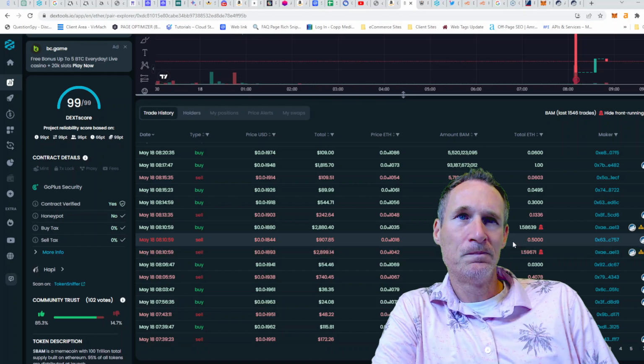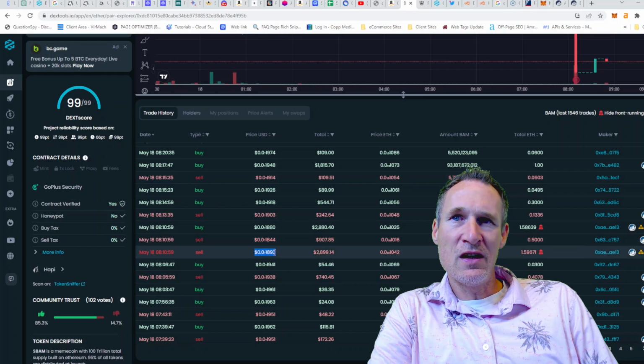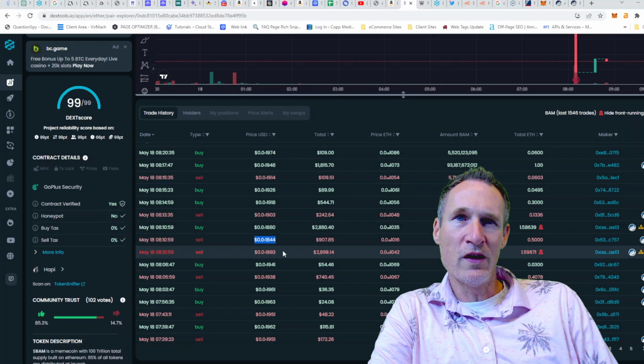So if the bot wouldn't have seen it, you can see over here, the bot sold at 1893. So the person that sold the 0.5 ETH actually ended up selling at 1844. So they got a lower price for their coins because they didn't protect themselves. And in this situation, that's about 2.5%, 3%. When you're talking higher end money, that can be quite a bit.